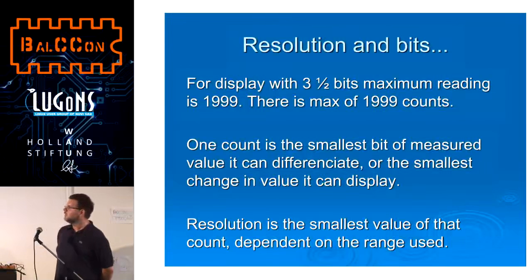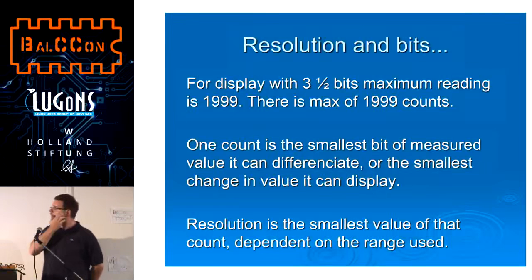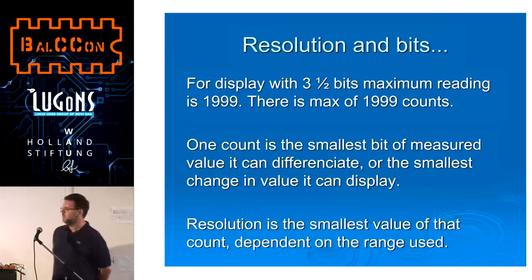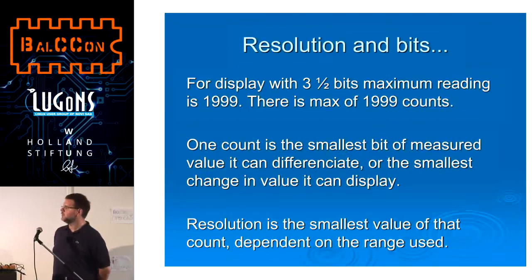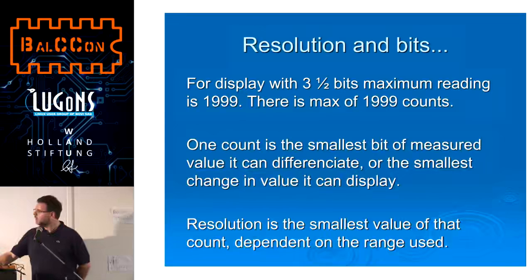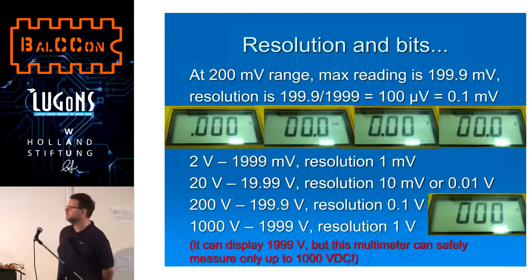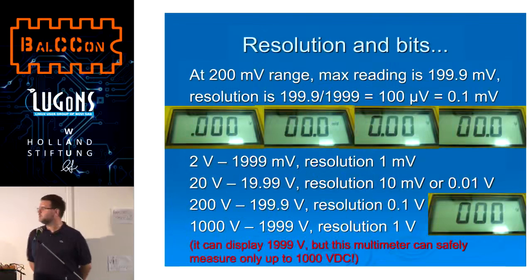So we can have 1,999 counts in 3.5 bits. The smallest value it can show is called resolution, and the smallest value depends on the range that we are using.